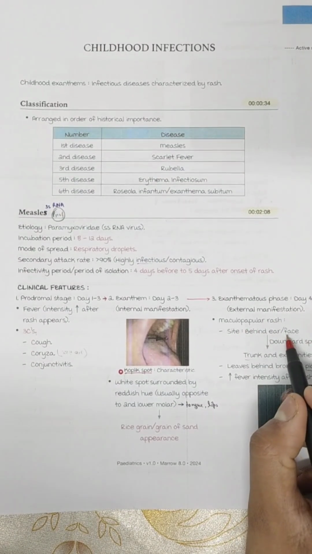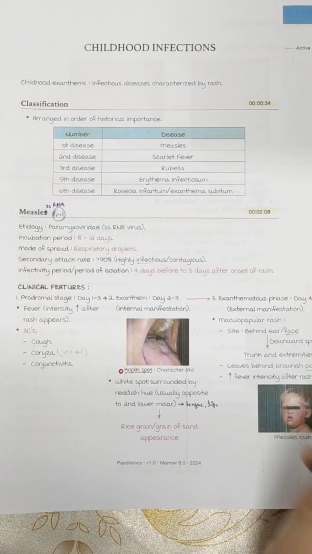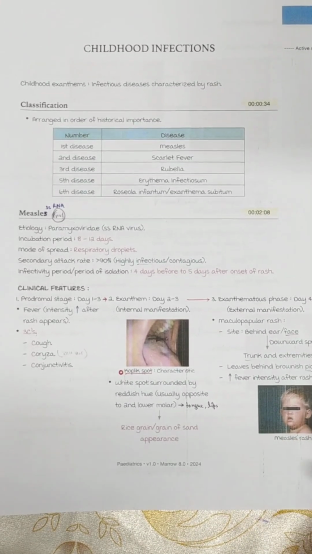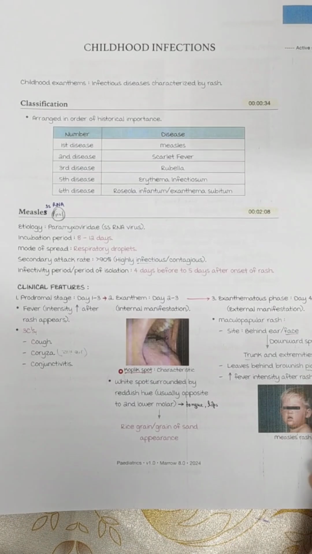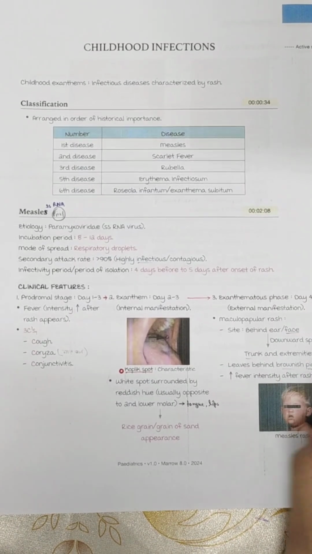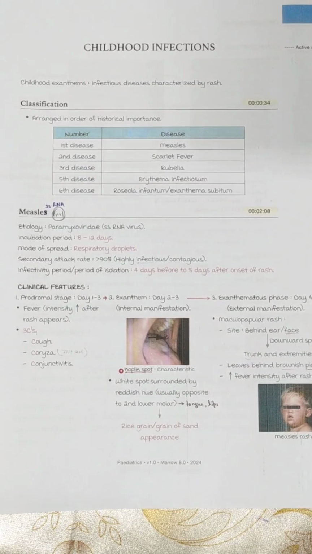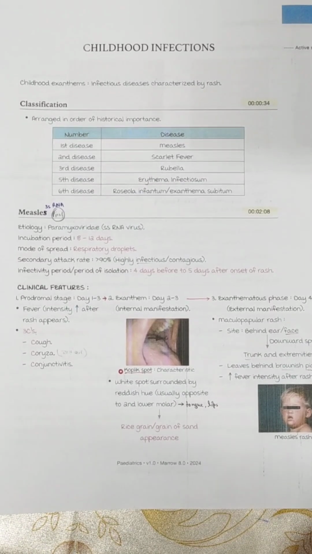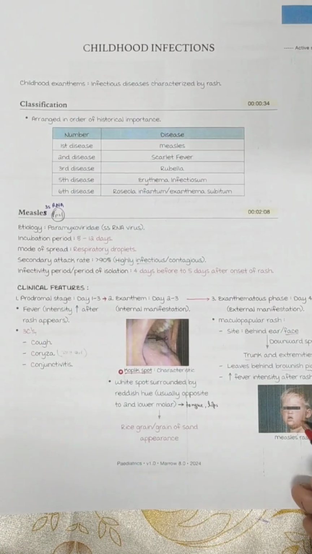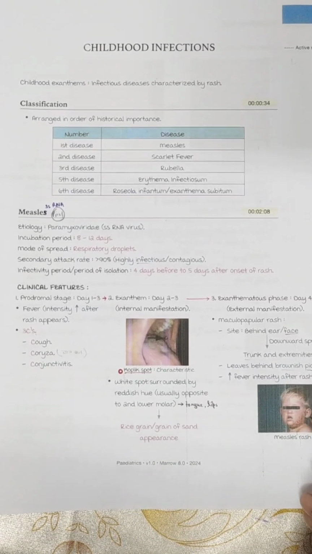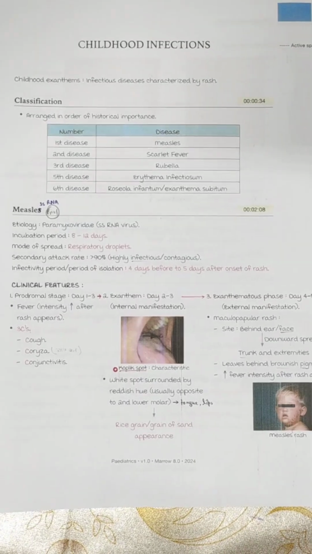It happens at first on the face, behind the ear, and spreads downwards on the trunk and leaves spots after healing. It leaves behind a brownish pigmentation, and the fever intensifies after the rash appears. Okay, that's the measles.